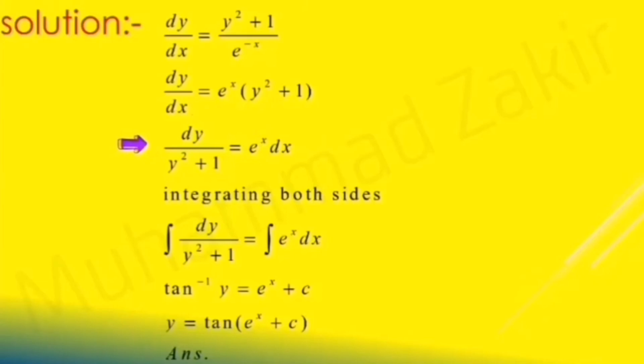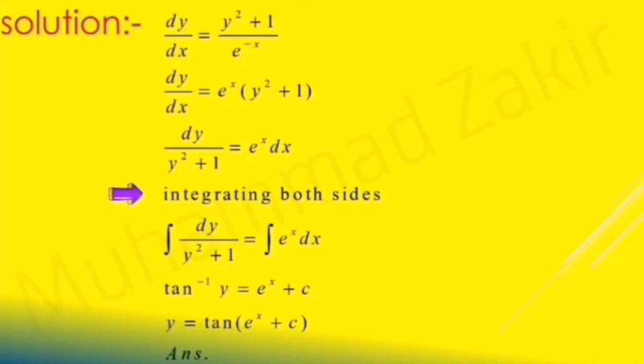Now we can see, students, that the entire y expression is on the left side and the x expression is on the right side. That means variables have been separated. This kind of differential equation where variables can be separated is called variable separable form.